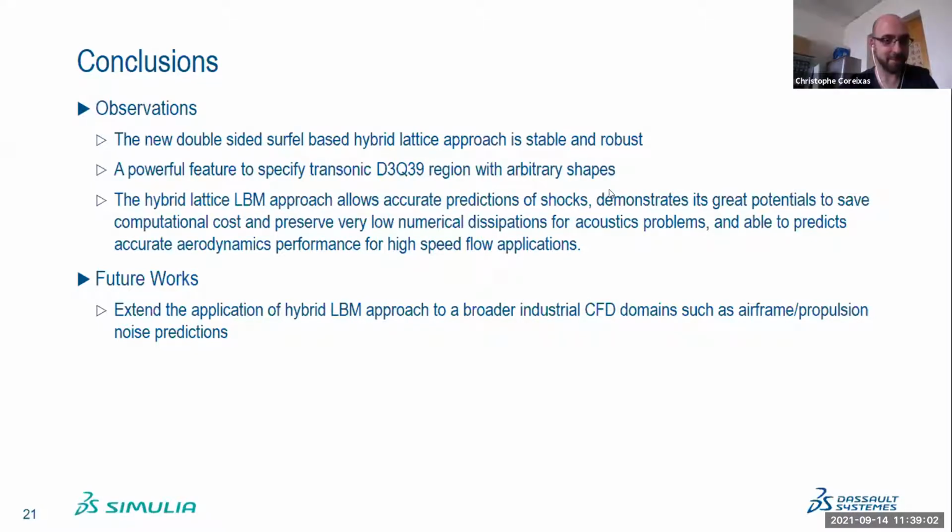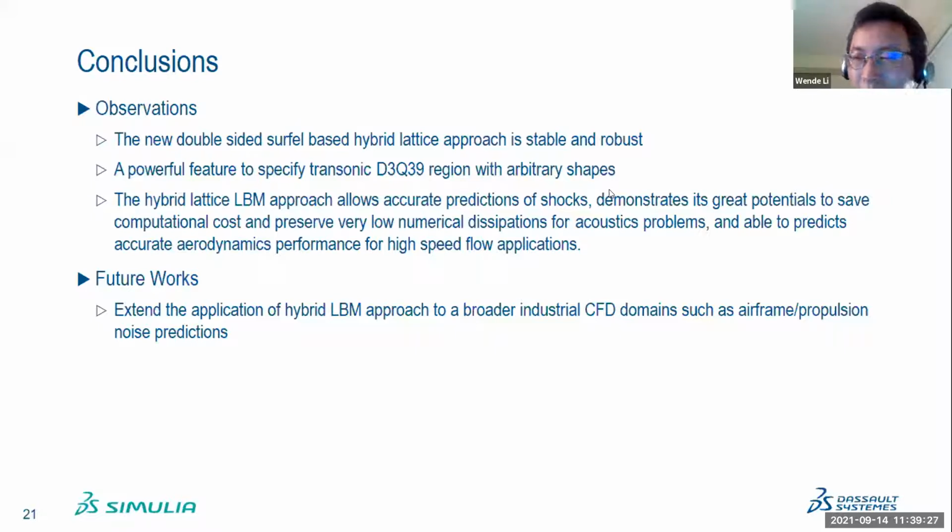There are two other questions; we try to be on time. Can you show me some theoretical evidence why the dissipation of the D3Q39 lattice is higher than D3Q19? Yes, the D3Q39 has more dissipation.